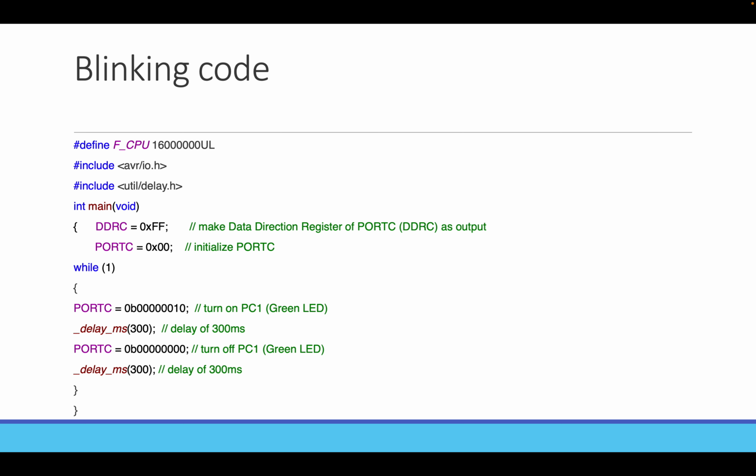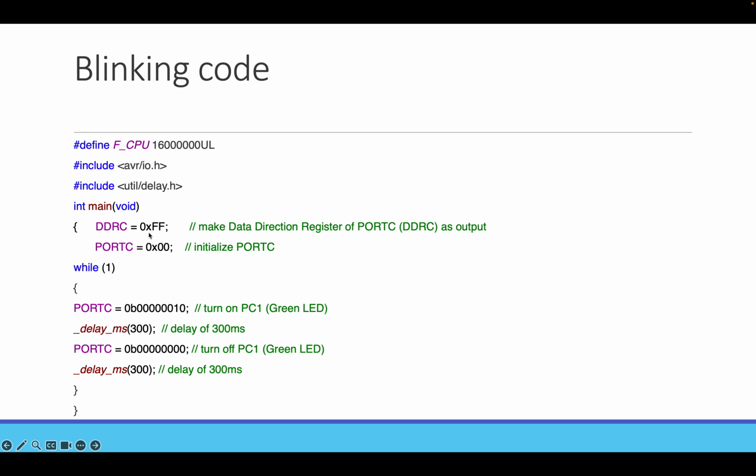This is the reason that we determined the direction of the pins of port C to be all output. So we use the register DDRC. DDRC means data direction register, and C stands for the port.